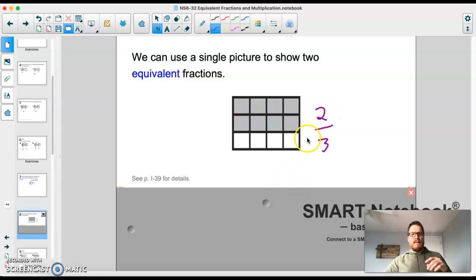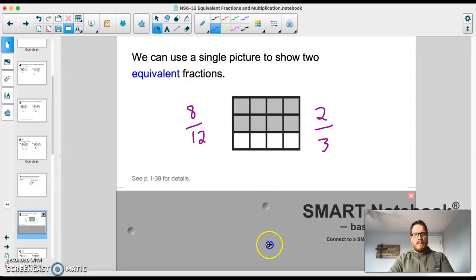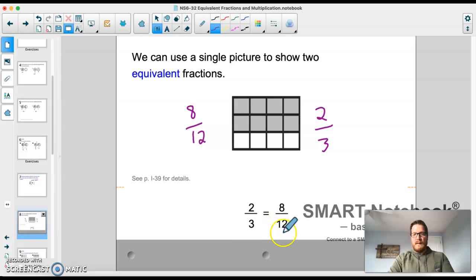So we could say that this would represent 2/3. The other way to look at it is we count up all of the small squares, and there are 12 small squares, but 8 of them are shaded in, and so we could say that that's 8/12. So I'd look at it in terms of the big shapes, or in terms of all the little shapes. Okay, and that's the equivalent fraction that we're looking at. And if you look really carefully, you can figure out that the scale factor is times 4.